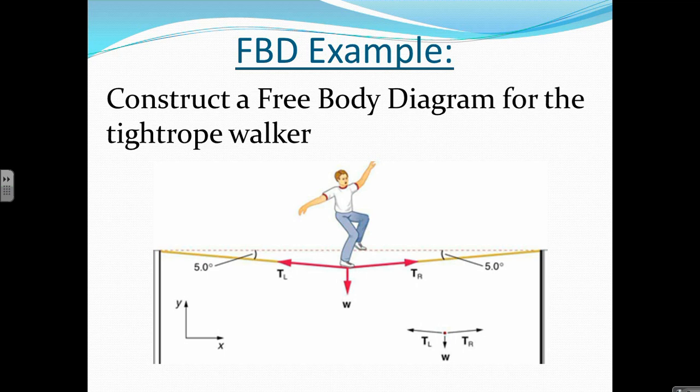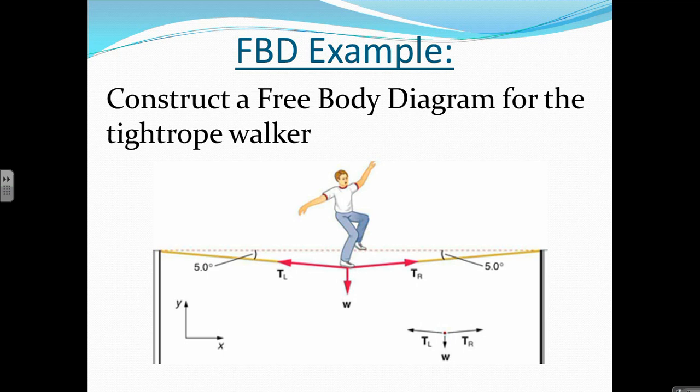In the bottom right area, where I have my mouse, you can see an initial diagram of this showing the weight of the tightrope walker and the two tension forces acting. This is in equilibrium. This tightrope walker currently is stationary. So this object, this tightrope walker, is in equilibrium. This free body diagram does have a net force of 0.